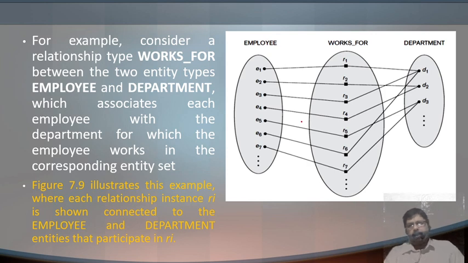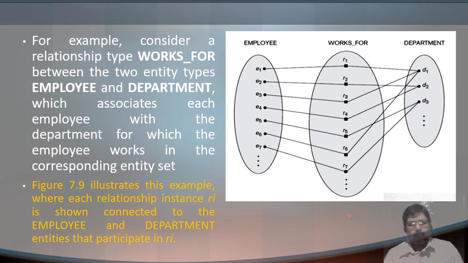So if you go by the definition, it is quite difficult to understand. So let us try to get it with one example. If you take this example here, we can consider a relationship type WORKS_FOR between two entity types, employee and department, and these two entities are in association with each other. We know that an employee works for some department.